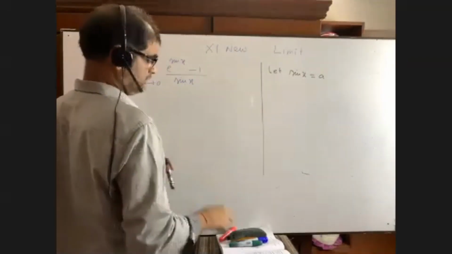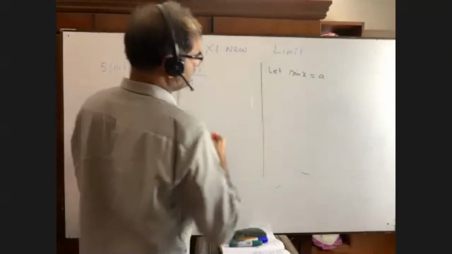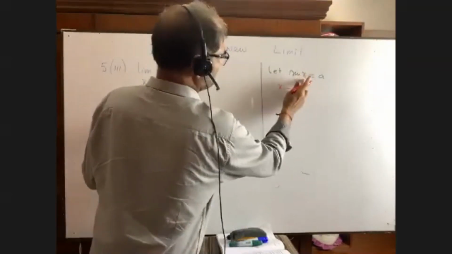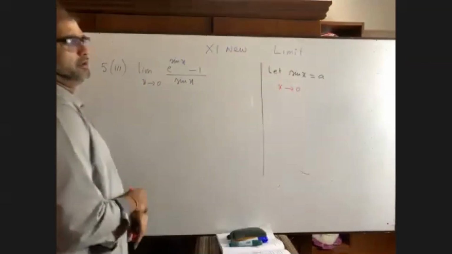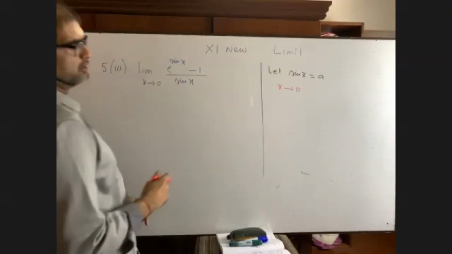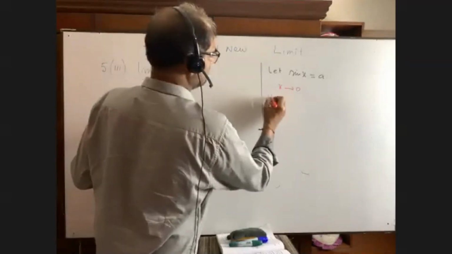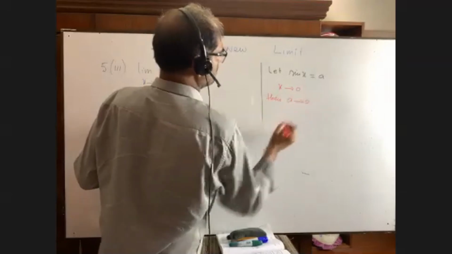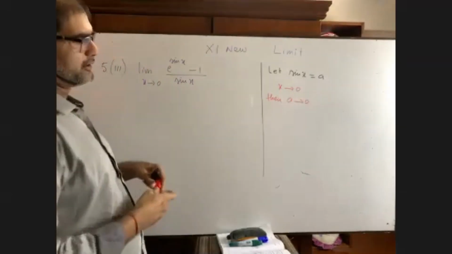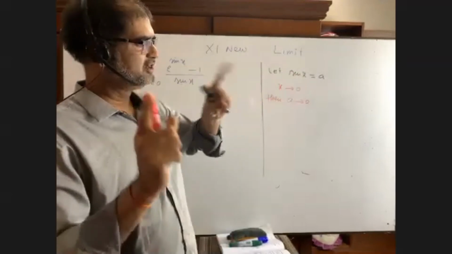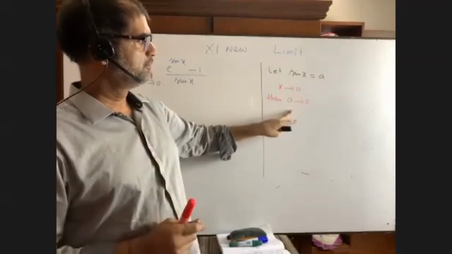Yes, you're right. X tends to 0. Now, can you put the value x equals 0? If x equals 0, then it is sin 0, and sin 0 means 0. Then a tends to 0. Please try to understand. X equals 0, so sin 0 means 0. So the value of a is 0, right?